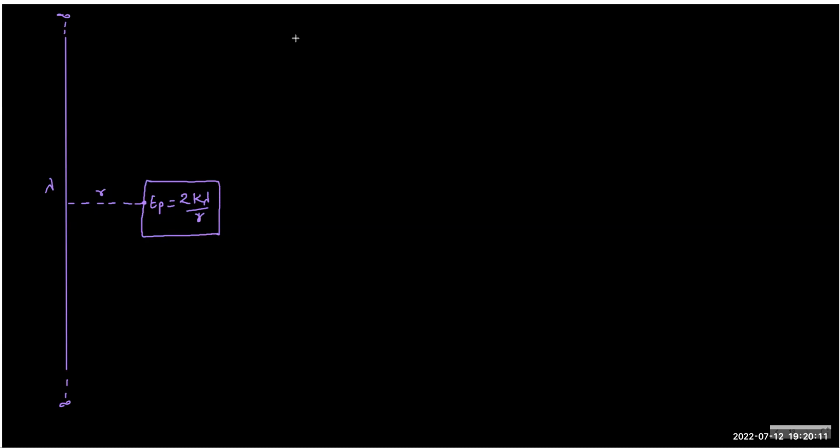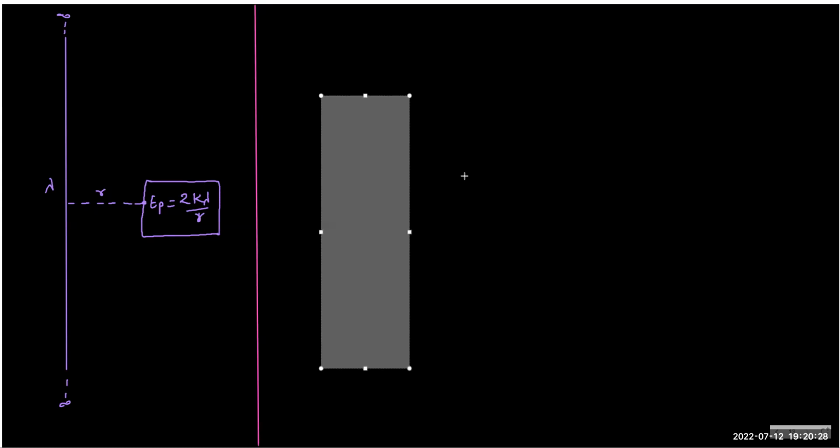So therefore, let's see some application. We have an infinite sheet of finite width.